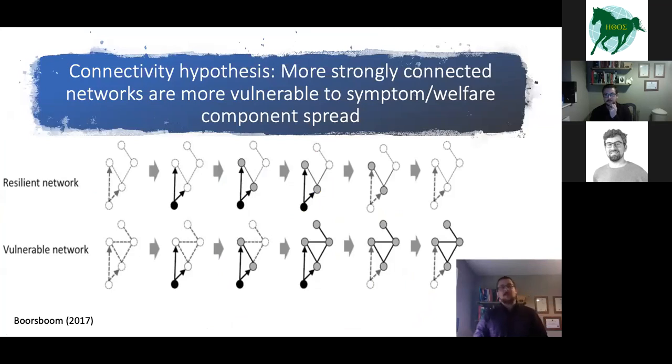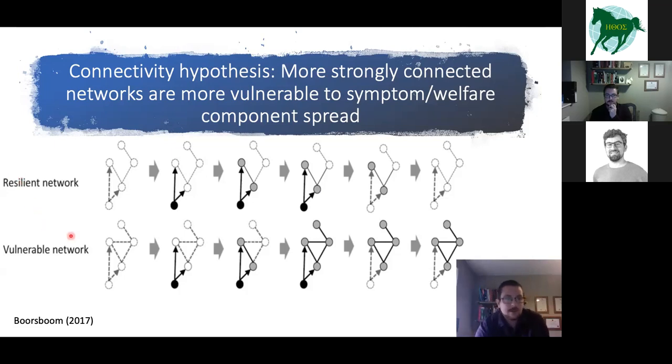Another hypothesis or aspect of this network approach, which might apply to animal welfare, is the connectivity hypothesis. In the human literature, this basically states that more strongly connected networks are more vulnerable to symptom spread, and potentially that idea applies in animal welfare too.